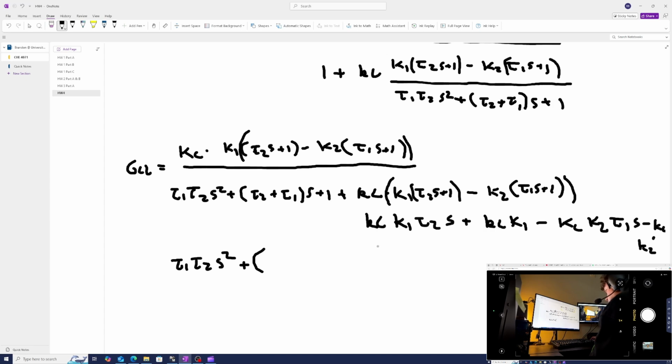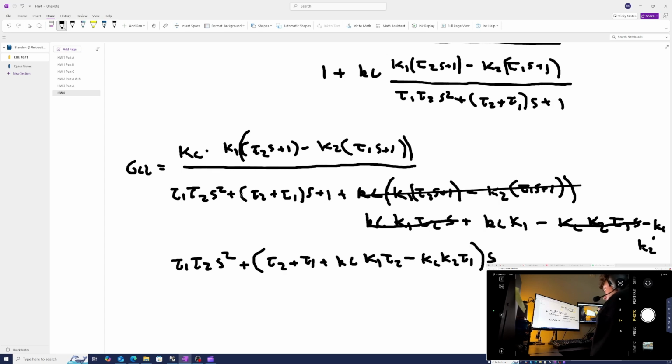So what we end up with here is tau 2 plus tau 1 plus KC K1 tau 2 minus KC K2 tau 1, and this is all multiplied by s. So we got rid of this, we got rid of this, and that counts for this entire term.